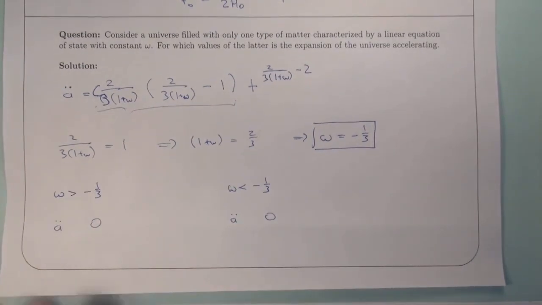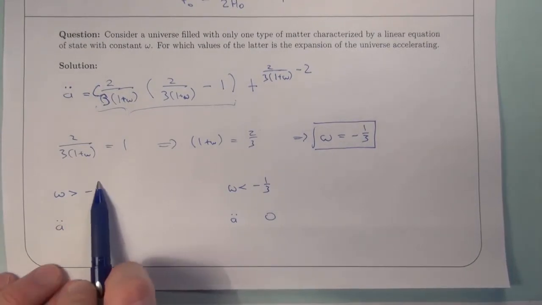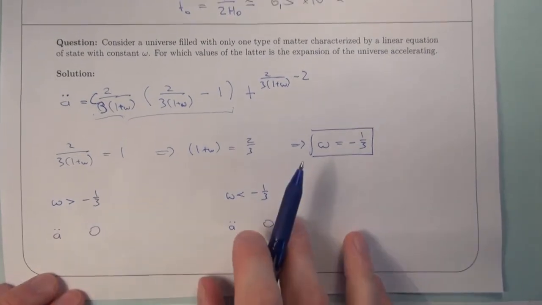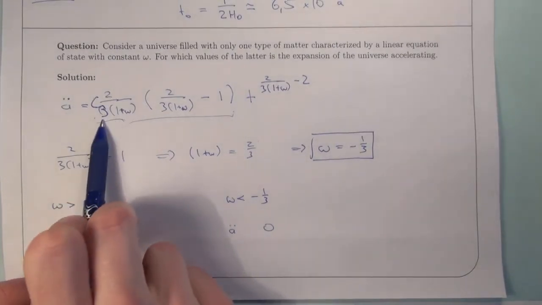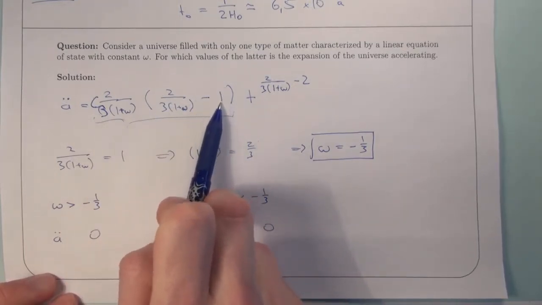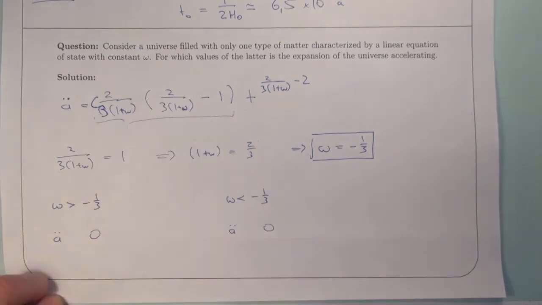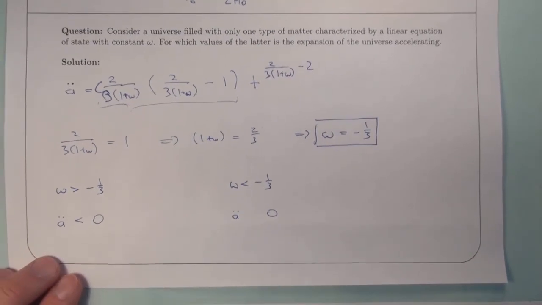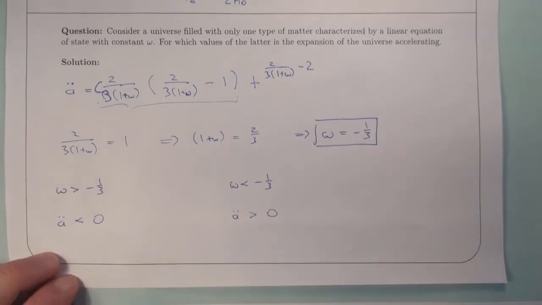So larger than minus 1/3, we could for instance plug in 0. If we plug in 0 here, what do we get? We get 2 over 3 times 2 over 3 minus 1. That means this one gets negative, this is positive, therefore here the acceleration is not an acceleration, so the expansion is decelerating, and here we have it the other way around.